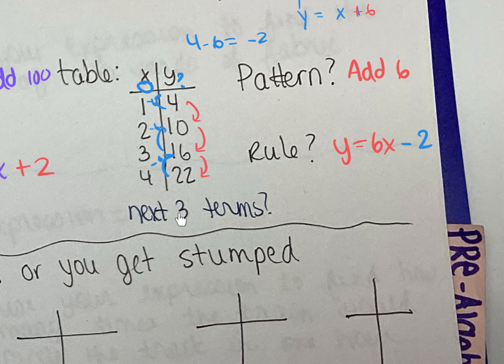Now they want the next 3 terms. Type in your answer. Six times 5 minus 2.